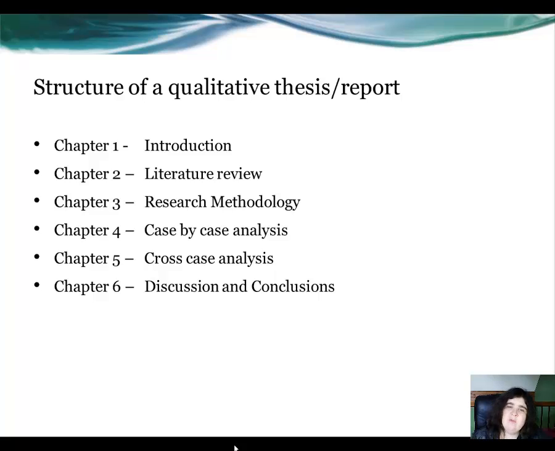Then it's recommended that you do a case-by-case analysis. So you have single cases explained in the next chapter, the presentation of the data here. And then your next chapter presents the cross-case analysis, looking at the themes that emerge, or even the concepts. And then your discussion and conclusion presents the concepts and the theory that emerges as a result of this analysis.